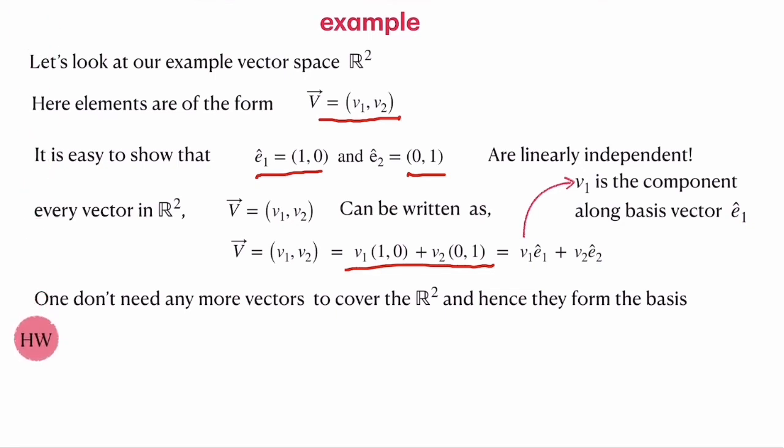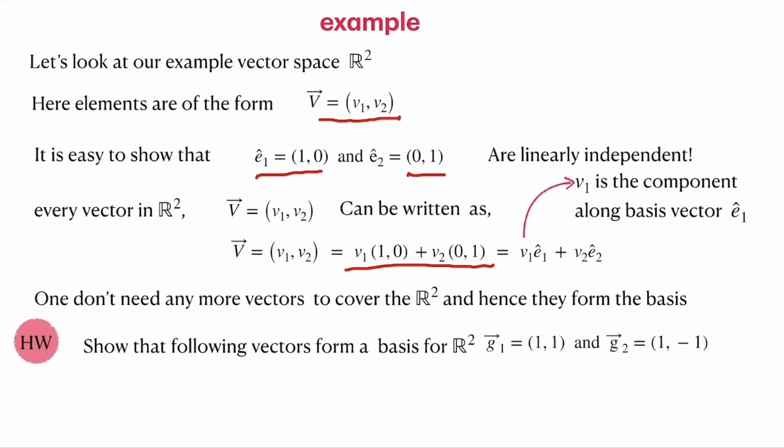Now here is the homework, which you put along with your notes when you submit it. You also have to solve this homework problem. The problem is to show that the following vectors also form a basis for R2. The vectors are G1 equal to (1, 1) and G2 equal to (1, -1).